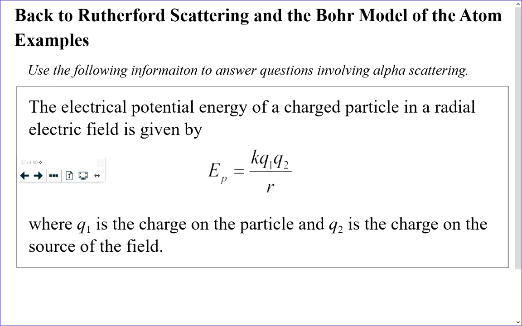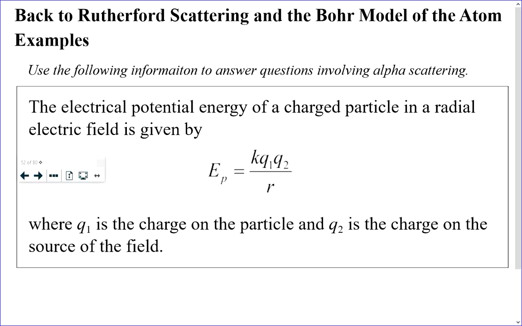Well, with charge, it's more complicated. If I want to know the electrical potential energy between 2 charges, and the comparison here is the Earth and the phone are masses, here we're talking about 2 charges. You take Coulomb's constant times the product of the charges divided by the distance.